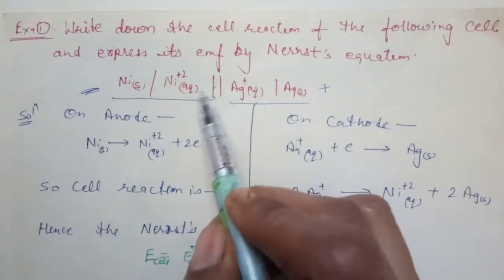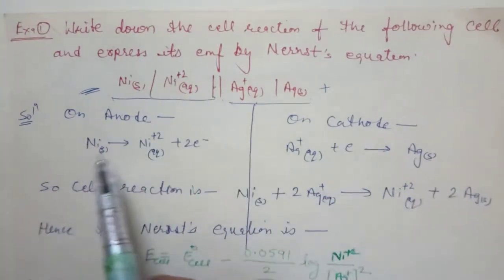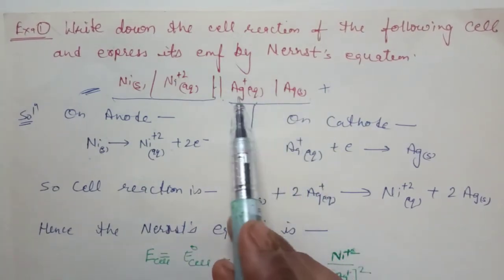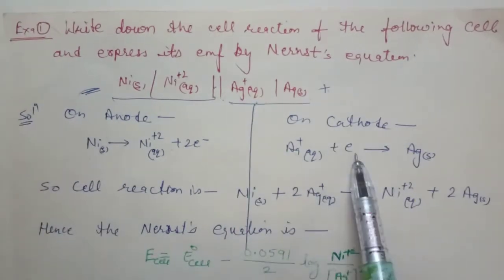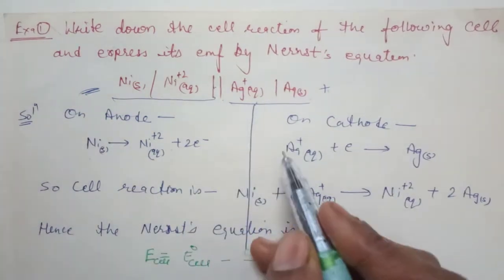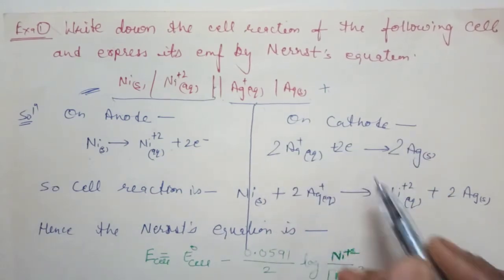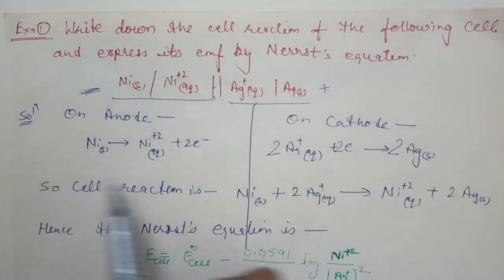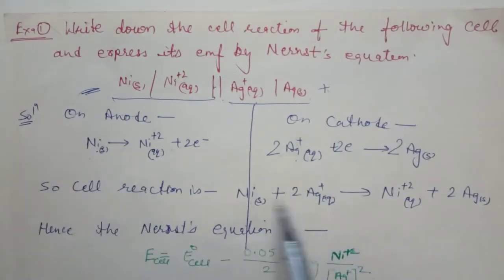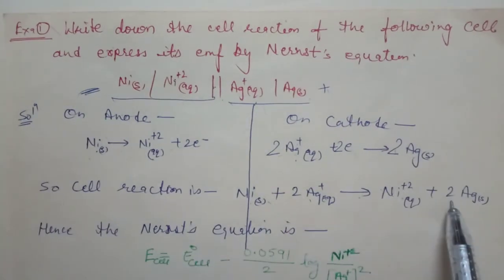So at the anode Ni is oxidizing into Ni²⁺: Ni = Ni²⁺ + 2e⁻. At the cathode reduction takes place, meaning Ag⁺ gains an electron to convert into Ag. Here 2 electrons are lost, so 2 electrons will be gained, so here it will be 2. So the complete reaction will be Ni + 2Ag⁺ = Ni²⁺ + 2Ag.